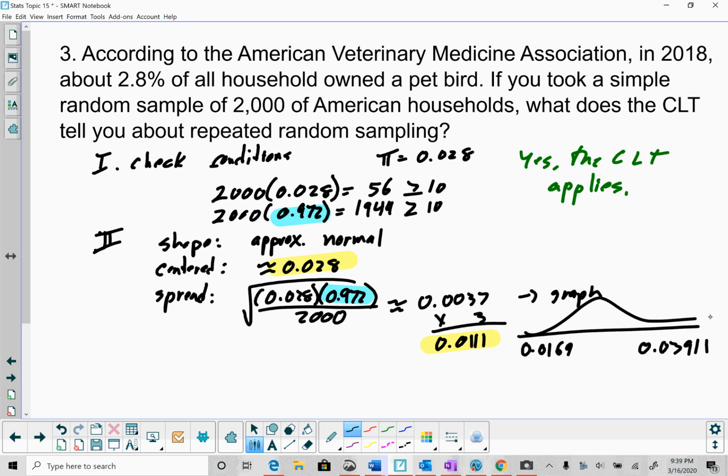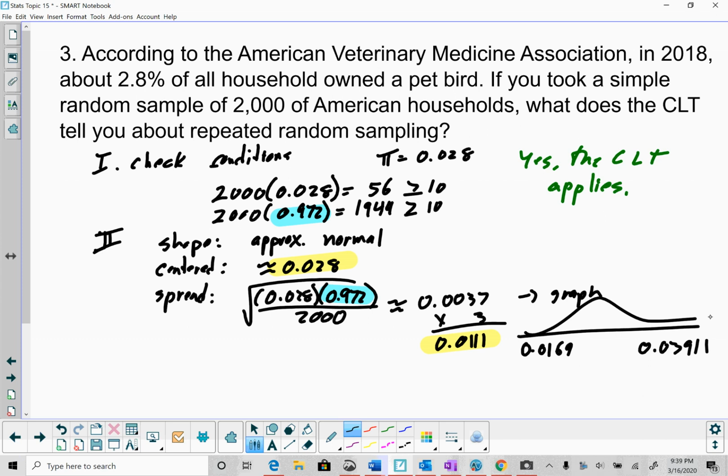Okay, so that's the first part of it here. We take a simple random sample, 2,000. The central limit theorem tells us our sample size is large enough to apply this. And if we do repeated random sampling, the shape will be approximately normal once we graph all of those sample proportions.